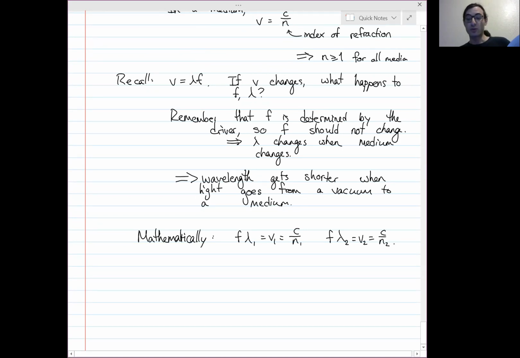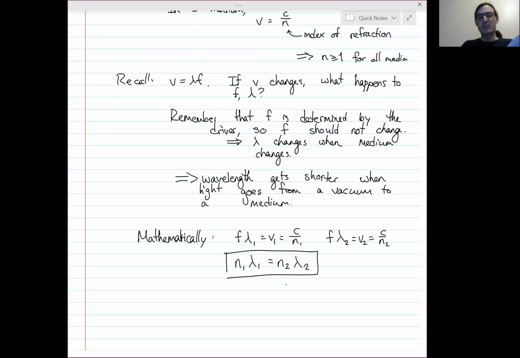So I'm just writing out a relationship between lambda and n for different media, 1 and 2. That tells us that n1 times lambda 1 is equal to n2 times lambda 2. That's the relationship between wavelength and index of refraction. So if you double the index of refraction, you halve the wavelength, because you can always check it against a vacuum.